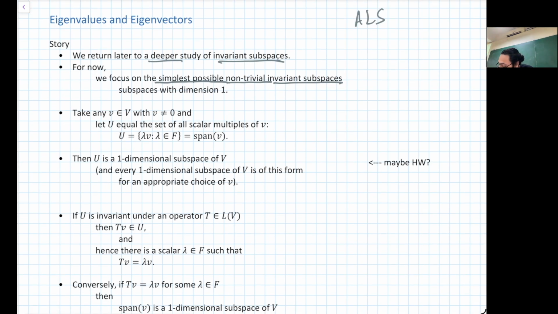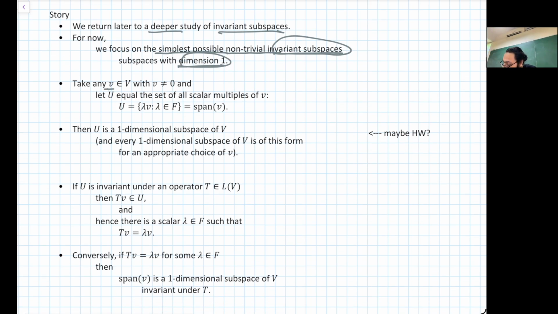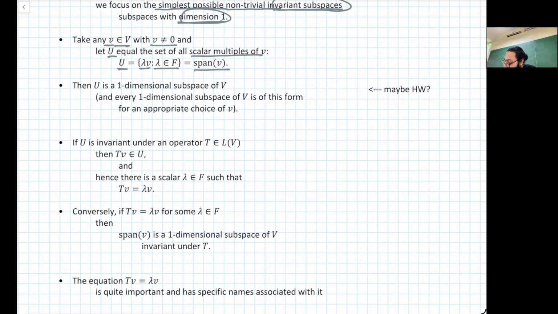So we're going to focus on invariant subspaces of dimension 1. That is the focus. You take any vector v in capital V such that it's non-zero and let U equal the set of scalar multiples of v. So U is lambda v, which is essentially the span of v. Is that okay? Then U is a one-dimensional subspace of V. I've not said anything non-trivial so far.